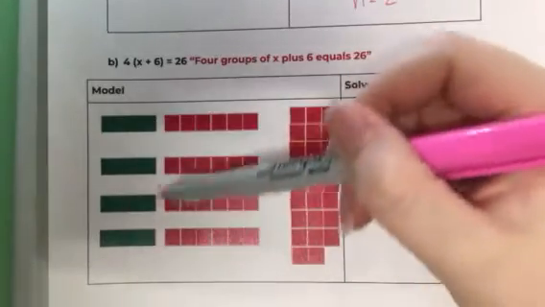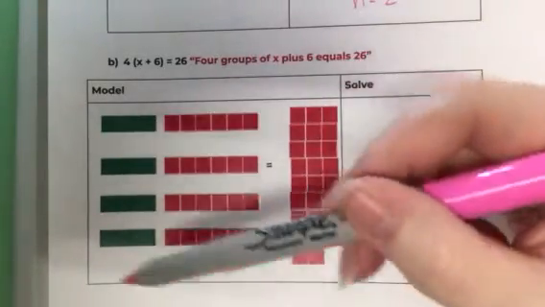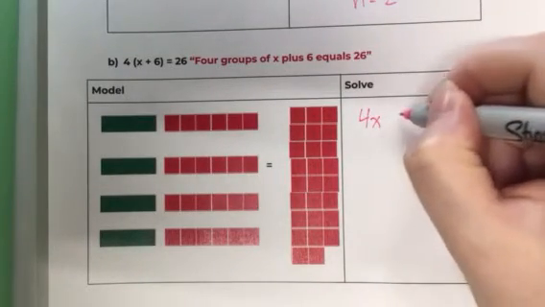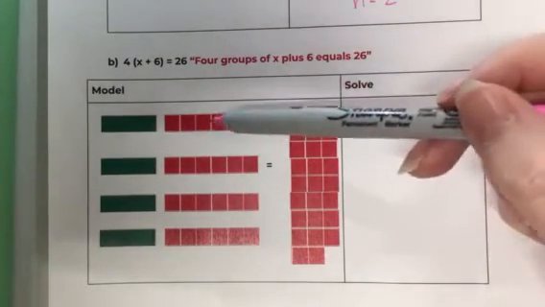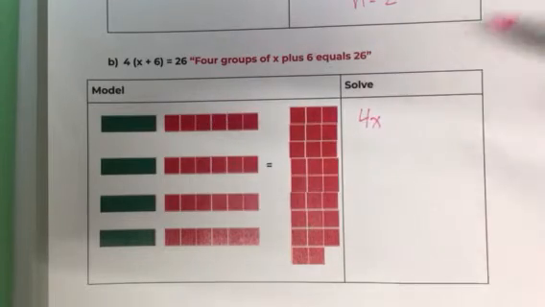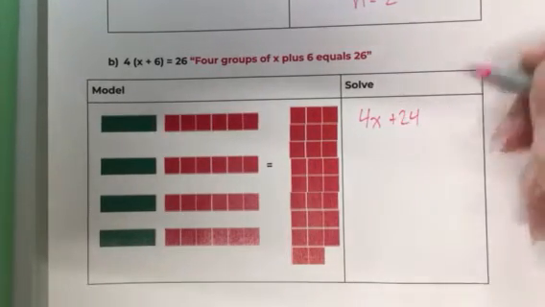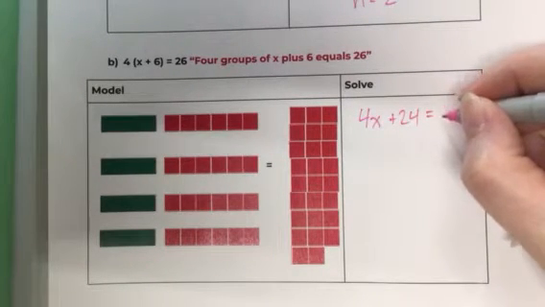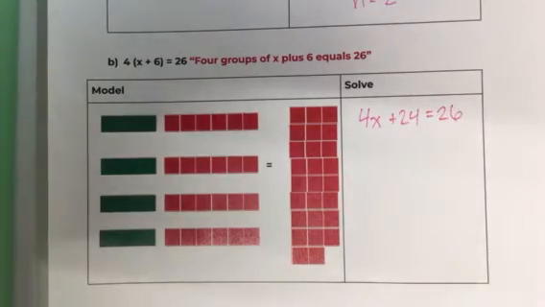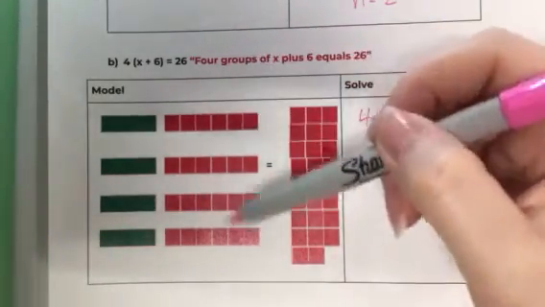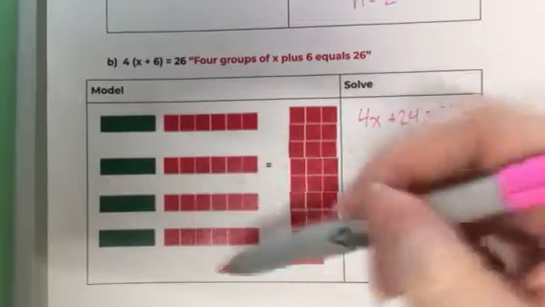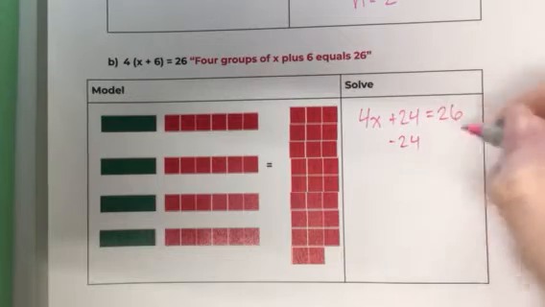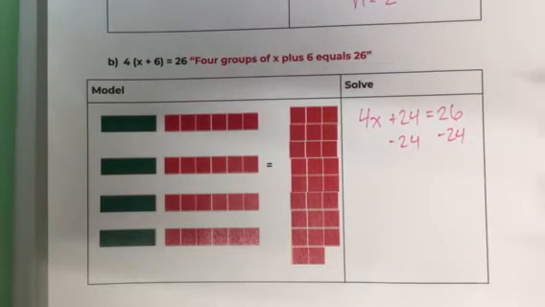If we count how much is actually on the left-hand side of this equation, I have 4 x's, and I have 4 groups of 6, so I have 24 tiles on that side, and it is equal to 26. The first thing I would do is take 24 tiles off of both sides.